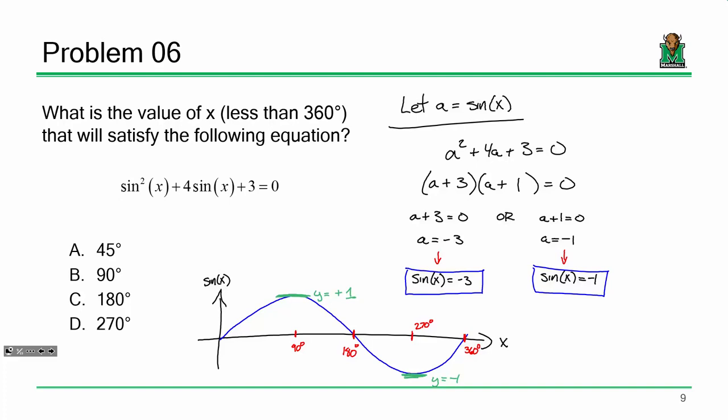Doesn't hit negative 3. That answer doesn't make any sense. So what I'll say is this expression is invalid. This expression on the right is only true. Oh, I'm getting ahead of myself. At x equals 270 degrees.